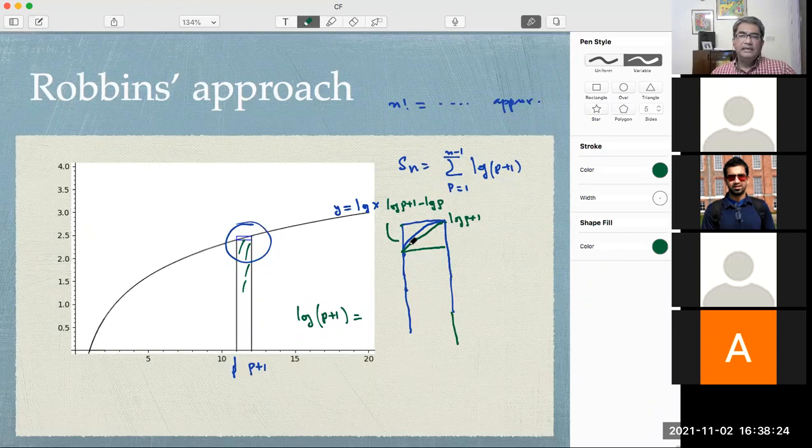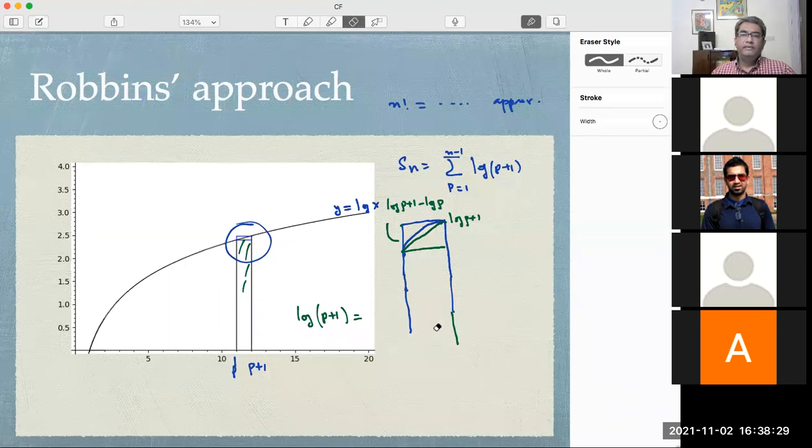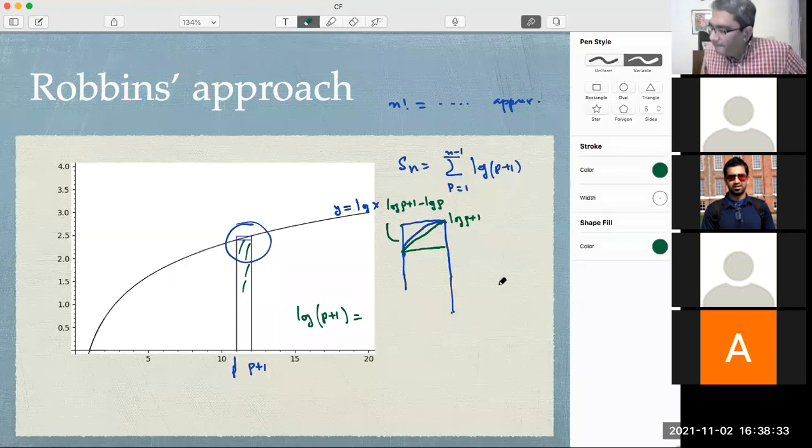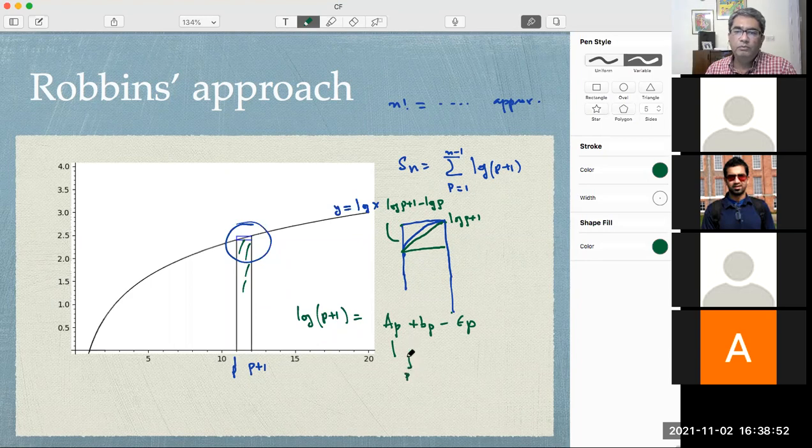One is he takes the area under the curve. I'll just write down 3 items: A_p plus B_p minus epsilon_p. A_p is the area under the whole curve, so it's the integral from 1 to p plus 1 of log x dx.